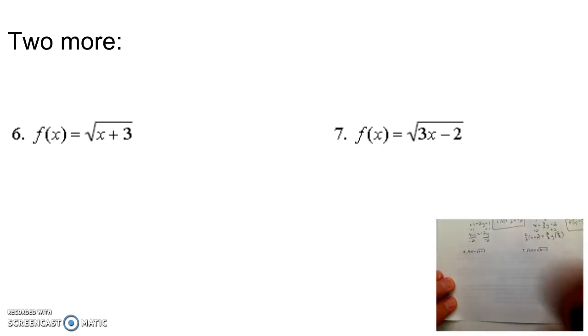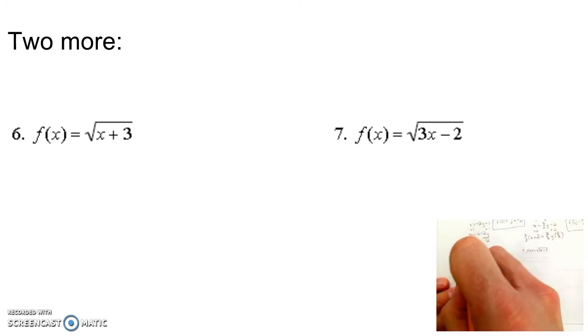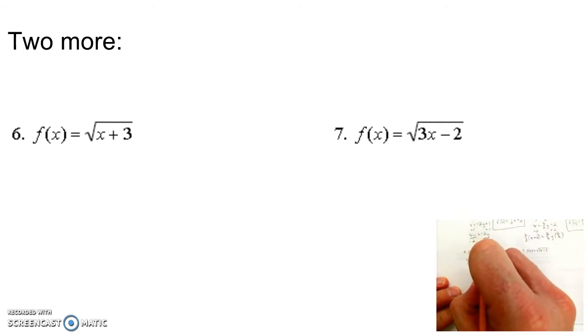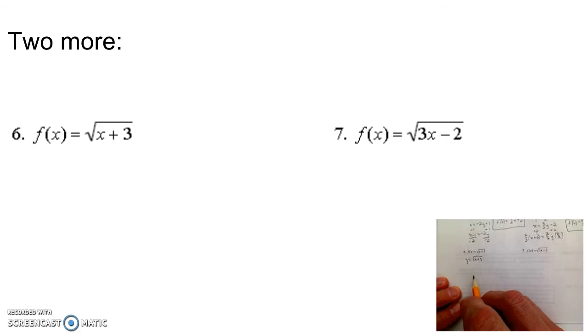What about a more challenging example? So y equals the radical x plus 3. And you trade places with the x and the y. And now solve for y.